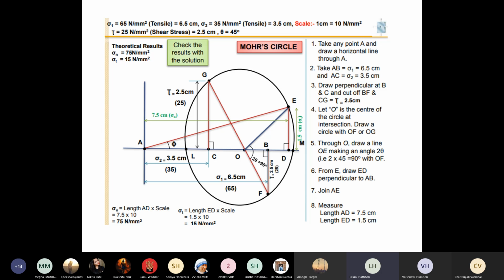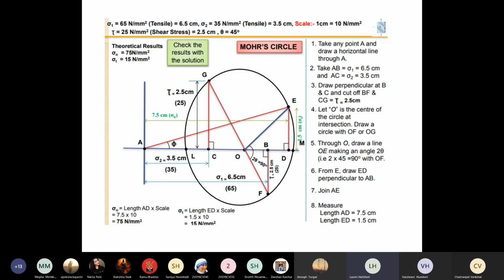So x-axis, y-axis. Next, second point. Take AB length. So what should your AB be? See, if you remember today's first hour class, after taking the point A or the point O, the first thing we had done, we had marked the points F and G, right? So same way, take the F point and G point.